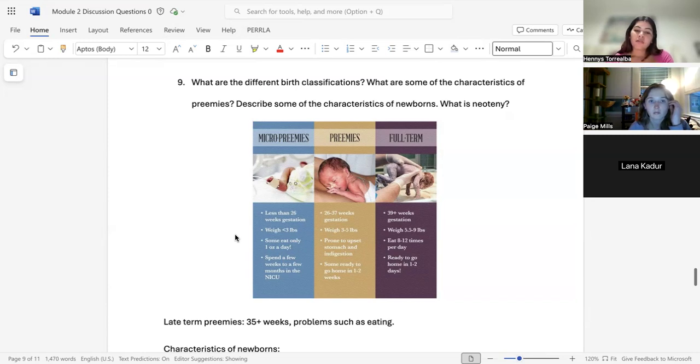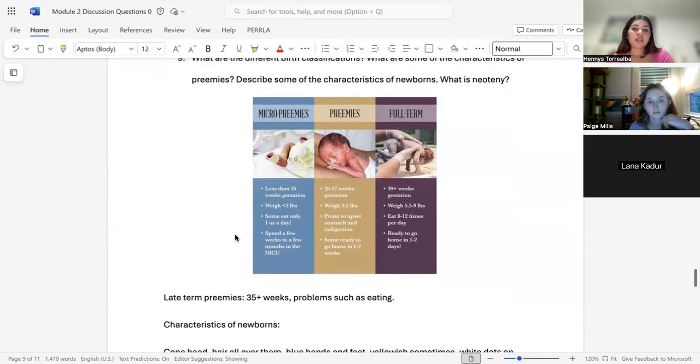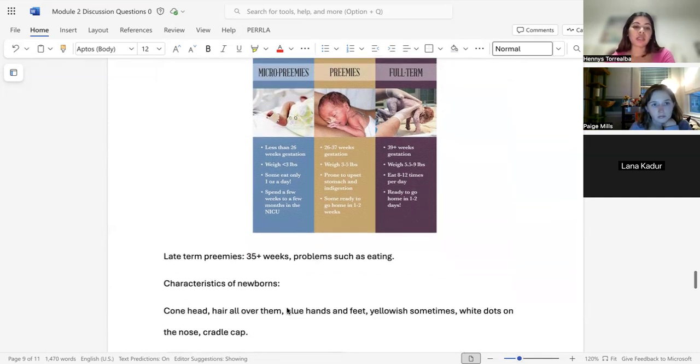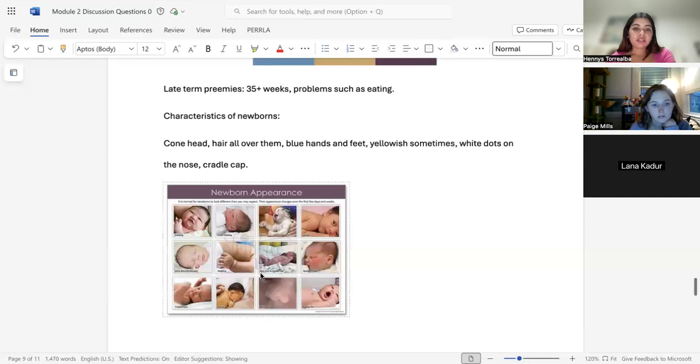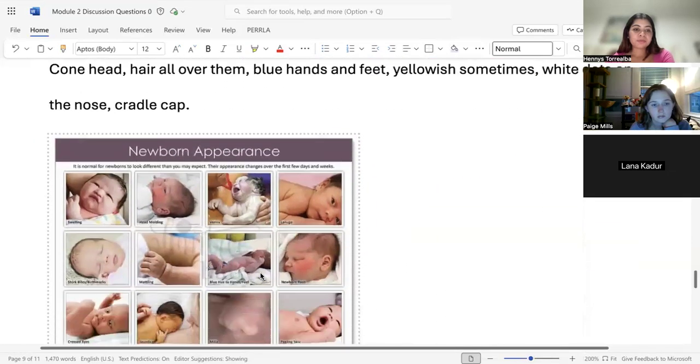They weigh 5.5 to 9 pounds, and they eat 8 to 12 times a day. And they're usually ready to go home the next day or 2 days after. There's also late-term preemies, which are 35 weeks, and like I said, they have problems with eating. So these are some of the characteristics of the newborns.